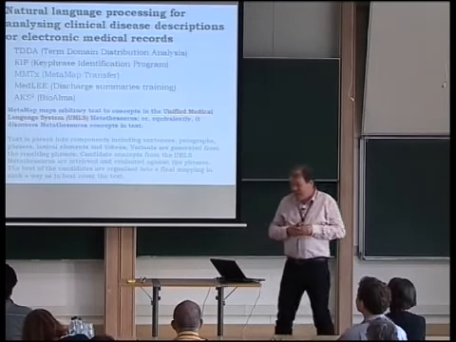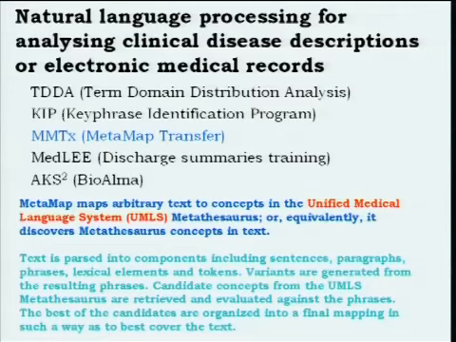Basically, you can take these clinical descriptions and you can use various programs to map these natural language texts to controlled vocabularies, for example, the Unified Medical Language System, and in this way get a word representation of a particular disease or disease subtype.